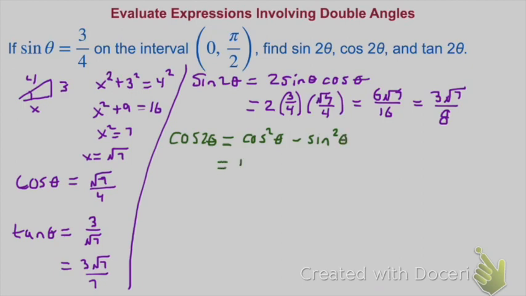Cosine squared is the square root of 7 over 4 squared minus 3/4 squared. When we do this, we get 7/16 minus 9/16, which is negative 2/16, which simplifies to negative 1/8.